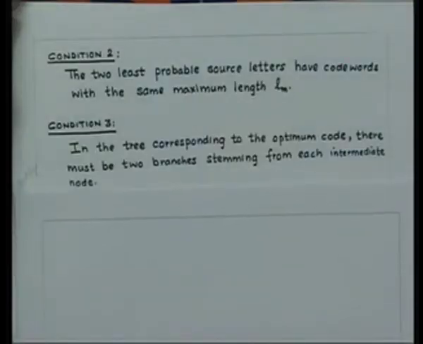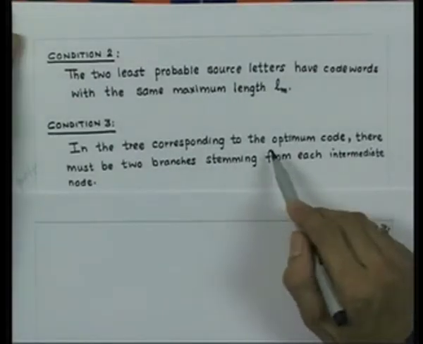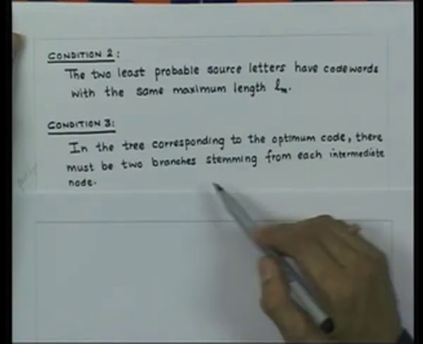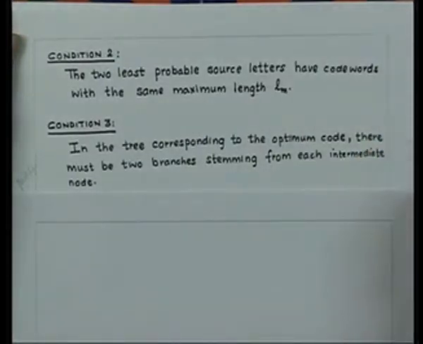Next, the third condition which an optimal code should satisfy is, in the tree corresponding to the optimum code, there must be two branches stemming from each intermediate node.